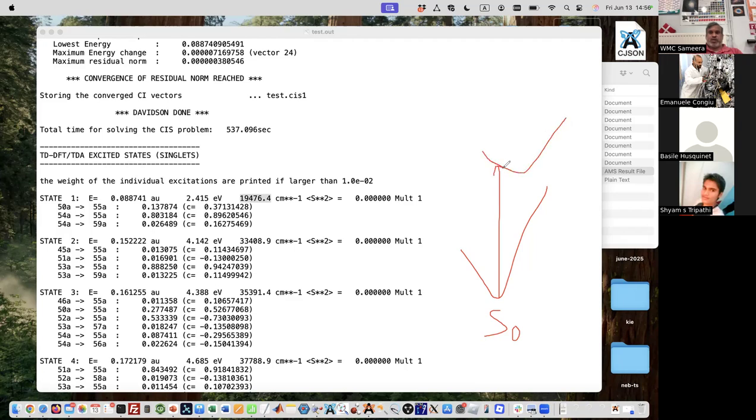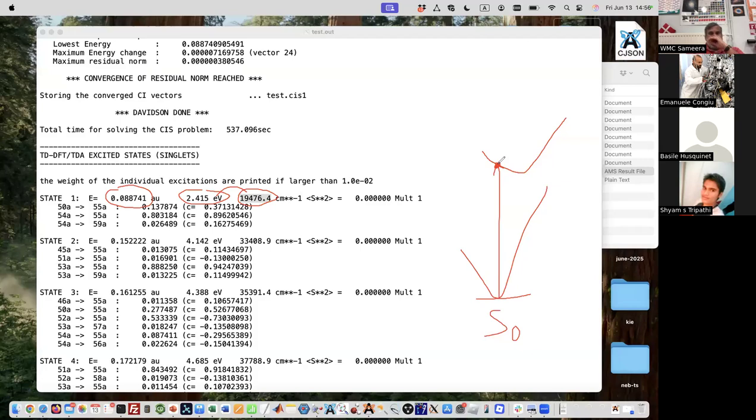So we excite here. This is the ground state, and if you want to know the energy of this point, you can always find it here. And that energy, these two, correspond to this excitation.